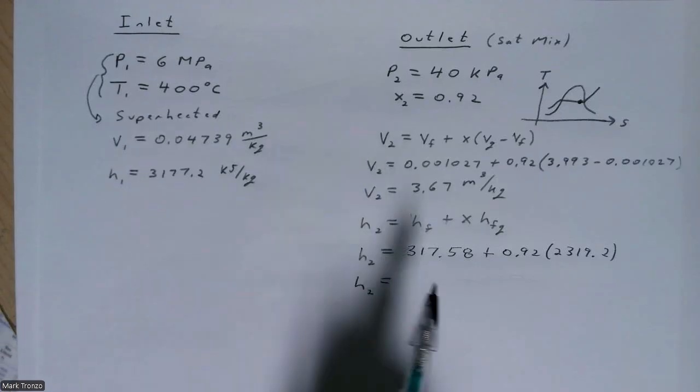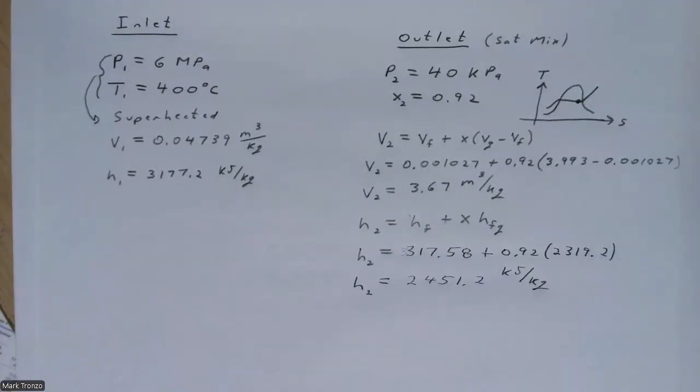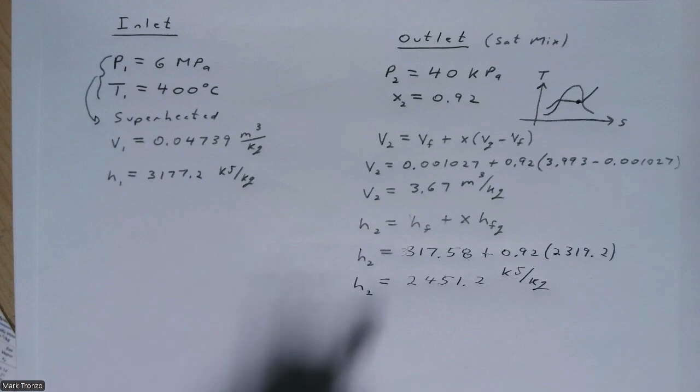And so when we substitute our values, we get this. And I get 2451 kilojoules per kilogram. Once again, depending on what table you're using, these values could be slightly different. So if you're finding that, it's not a problem.